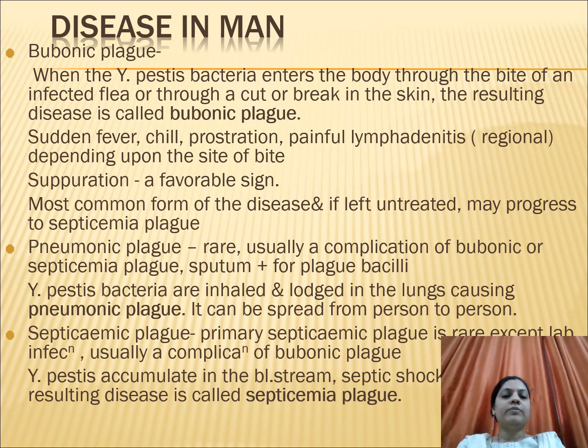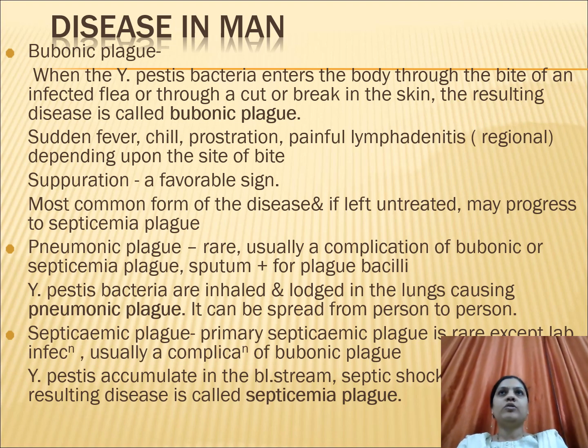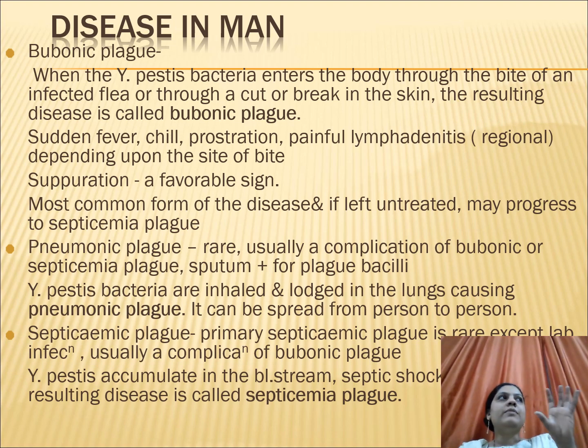But once septicemia occurs and the bacteria reach the lungs, through the lungs they can come out in the cough and the nasal droplet nuclei, and then spread from human to human.